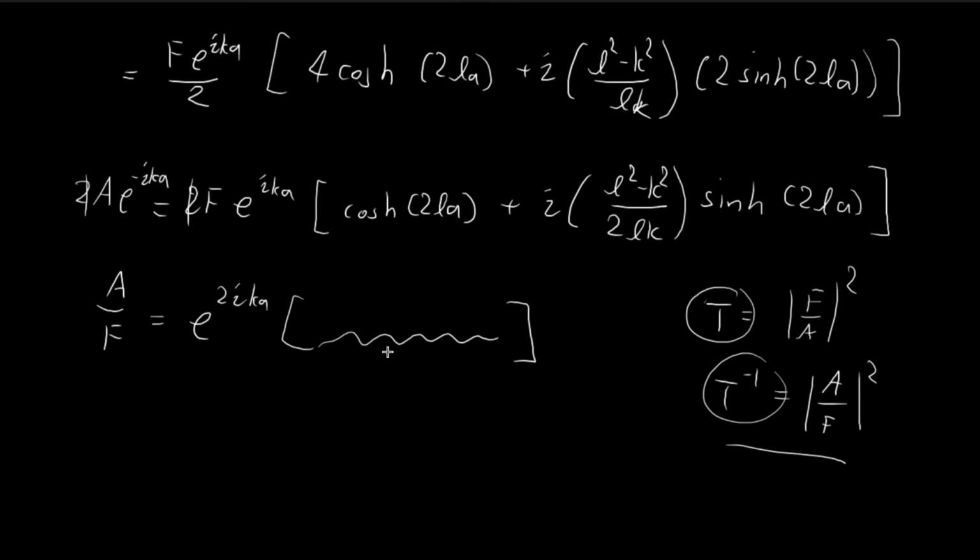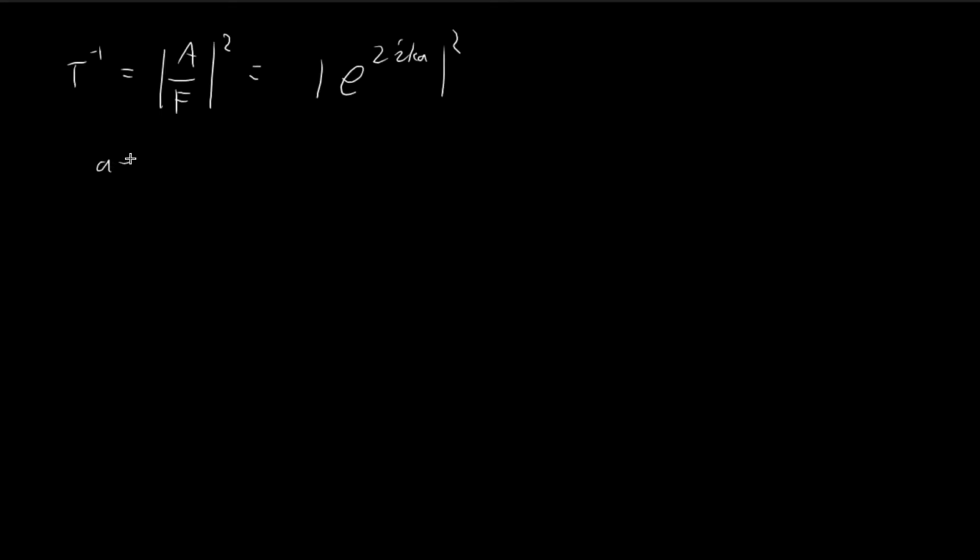And then we also need to take the absolute value squared of this expression. You can see that for this expression, there is a real term and there is an imaginary term. If we have a complex number, a plus bi, and you take the absolute value squared, this is just equal to a squared plus b squared. You can easily prove this by multiplying a plus bi with its conjugate, a minus bi.